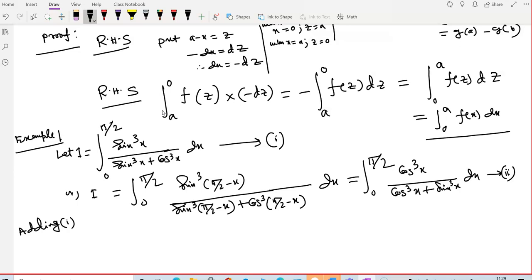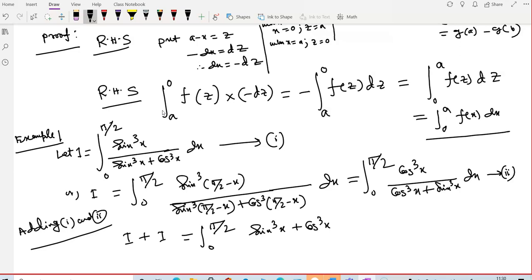Just adding 1 and 2. What happens, you see? I plus I is going to be the integral from 0 to pi by 2 of sin³x by sin³x.